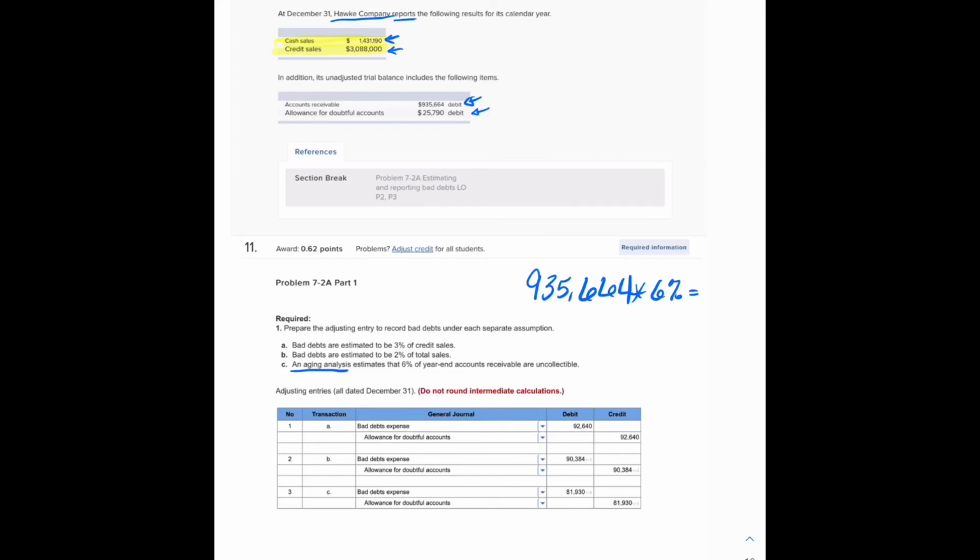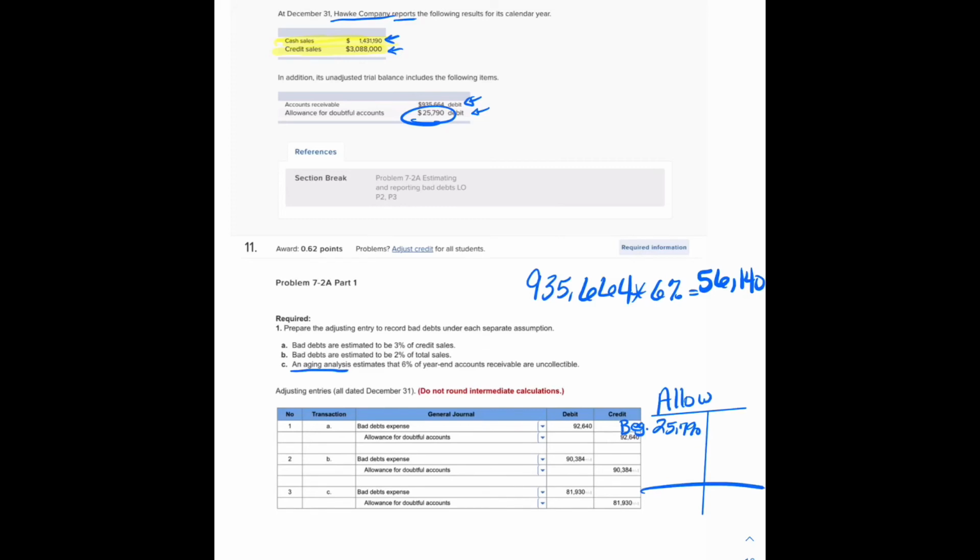When I do that, I will get $56,140. So the easiest way to get this question right is to take a few seconds, draw out your T account, and see that in your allowance, you have a beginning balance of $25,790 given in the facts above.